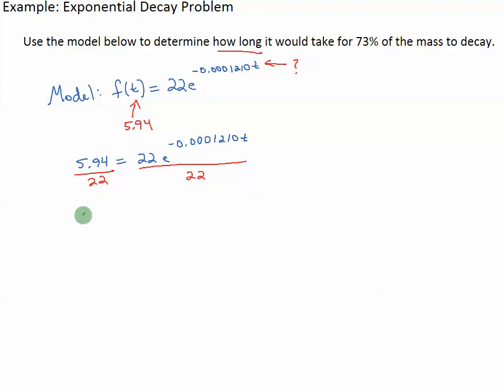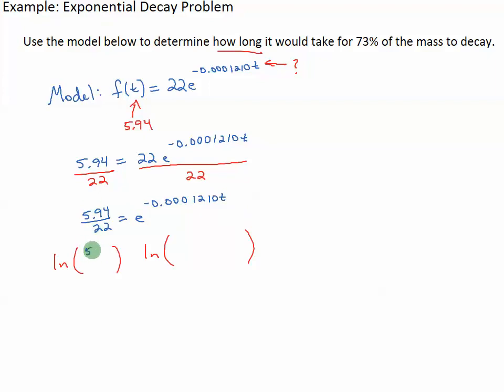So on the left side we have 5.94 divided by 22, and on the right side I have e to the negative 0.0001210t. Now I can take the natural log of both sides, which again is very natural, if you will, because this is base e.